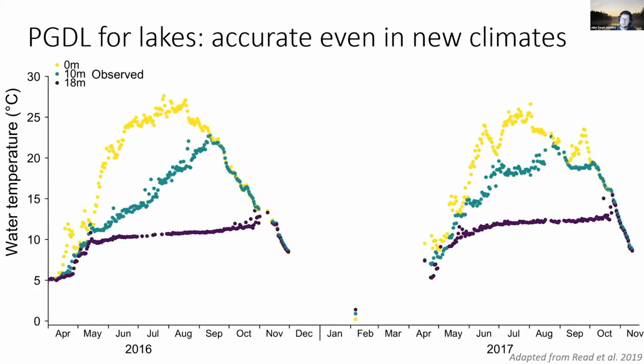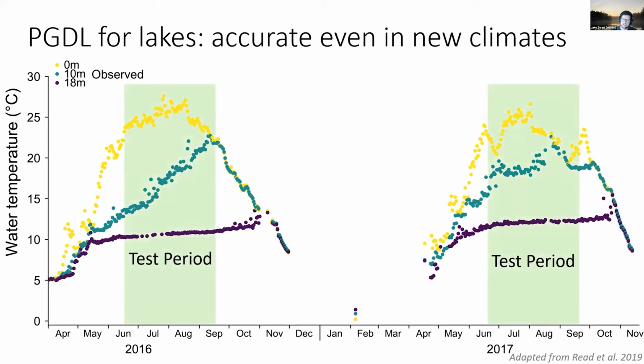So, even if we do have enough data, another advantage for process-guided deep learning models that we found is that they perform quite well in unobserved scenarios. To test this, we created an artificial scenario where we're training 3 different model types on the spring and fall periods of a lake temperature time series.